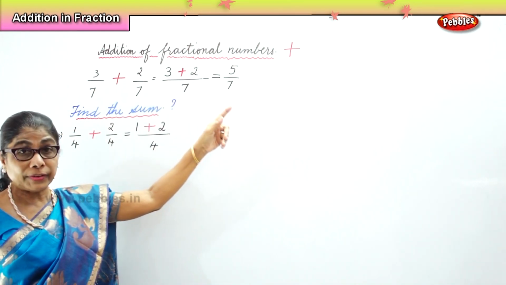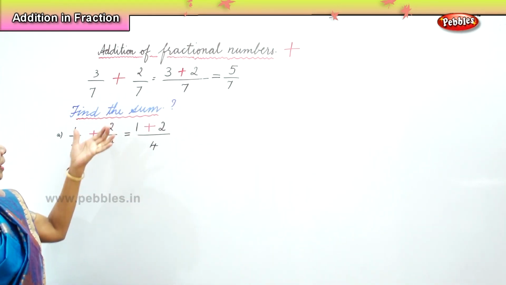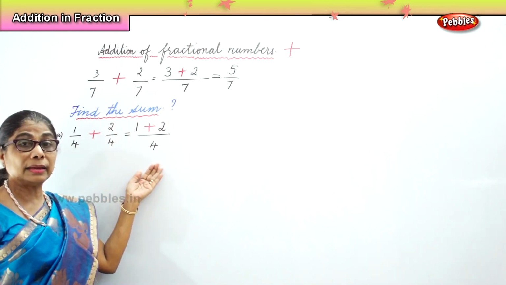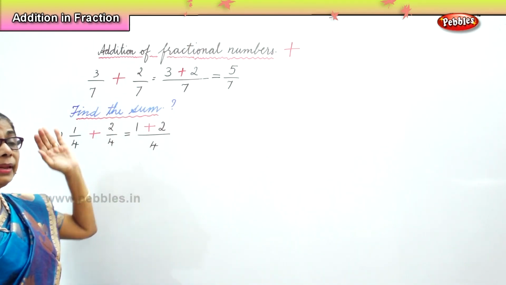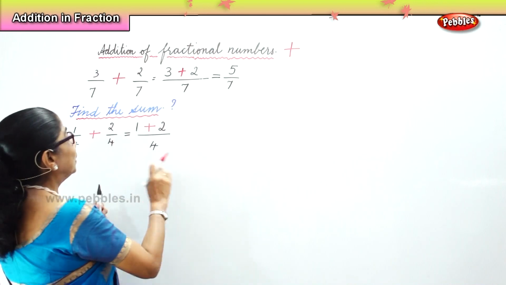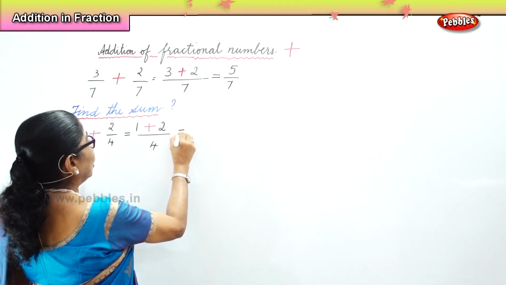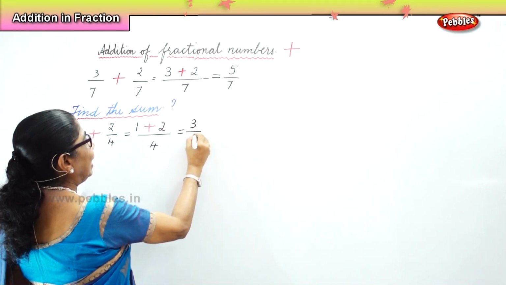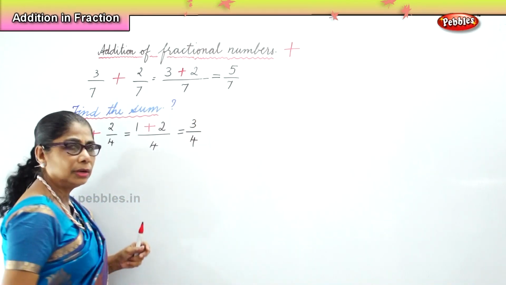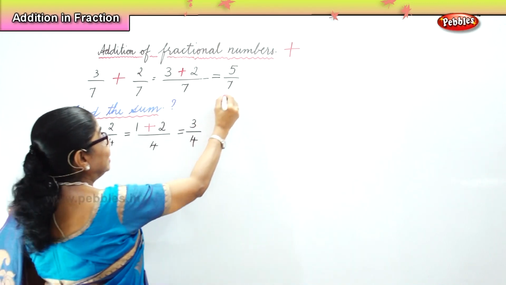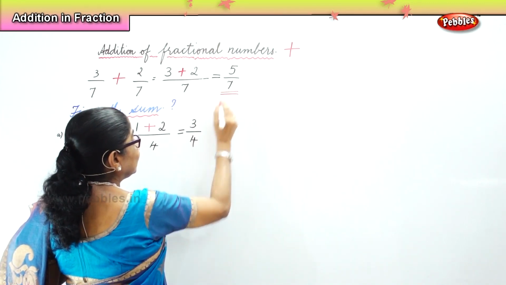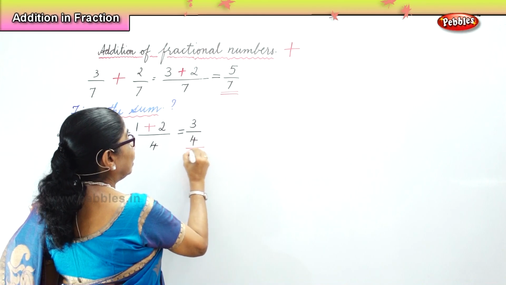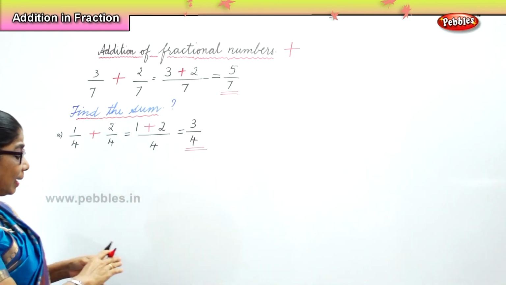In addition of fractional numbers, if the denominators are same, you simply add the numerators. Now, 1 plus 2 is 3 and you put the denominator. This is your answer. Shall we do another sum?